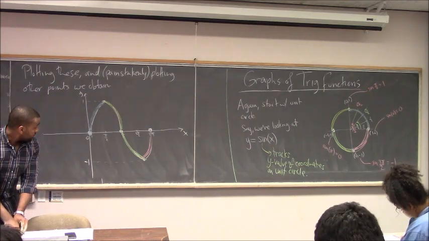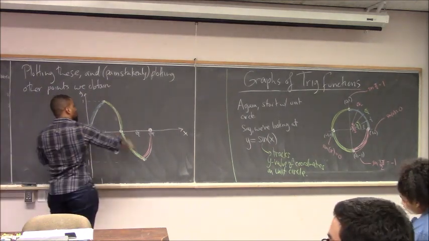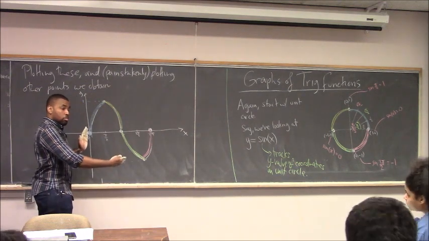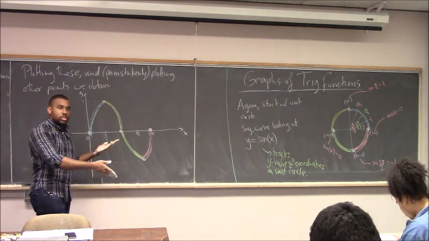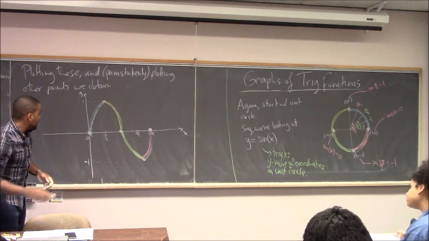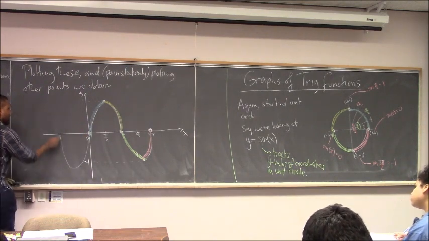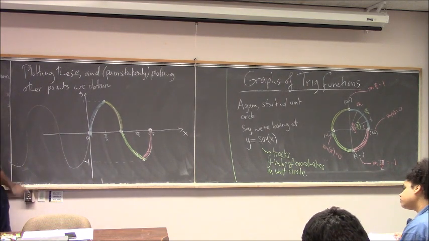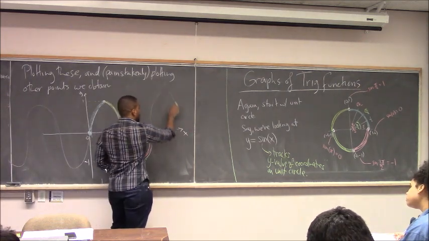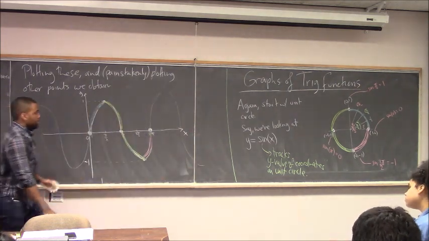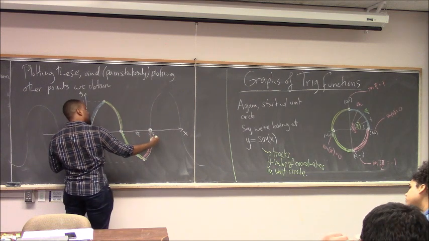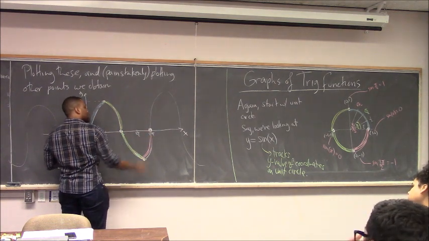Now, remember that this goes around in a full circle. But what it does after that is it just repeats all its values. So you end up having this pattern repeating forever going back that way, and this pattern repeating forever going back that way. But this here between 0 and 2 pi, that's called the principal period.